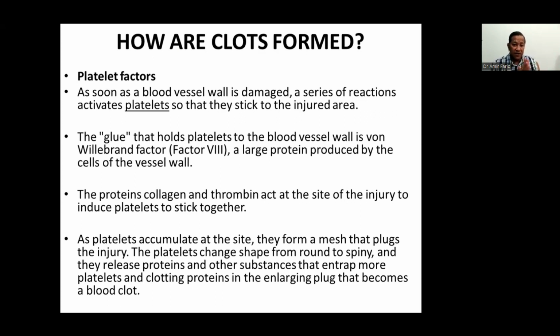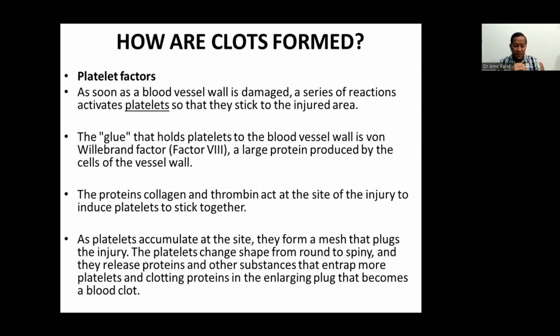As soon as the blood vessel wall is damaged, a series of reactions activates platelets so that they stick to the injured area. The glue that holds platelets to the blood vessel wall is von Willebrand factor, a large protein produced by the cells of the vessel wall. The proteins collagen and thrombin act at the site of the injury to induce platelets to stick together.